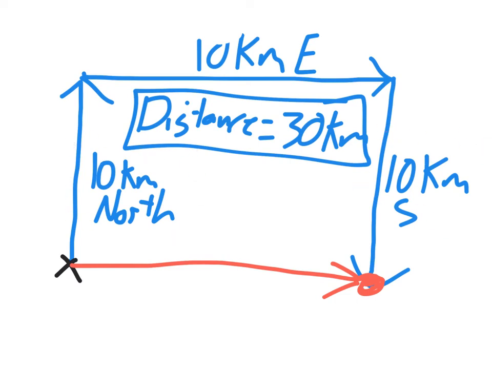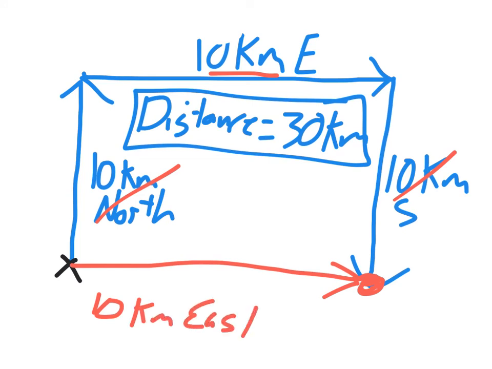So these two would cancel each other out when we're talking about displacement. So that means we wouldn't even worry about those two. And really what we traveled for our displacement is just that remainder that's left there, that 10 kilometers to the east. So from our origin point to our final point is just 10 kilometers east. And that is our displacement.